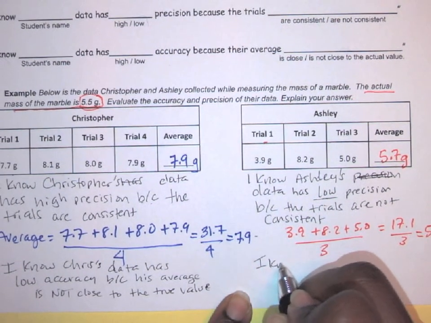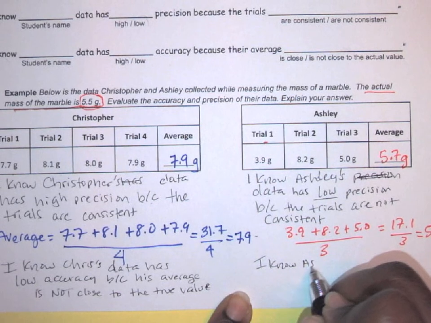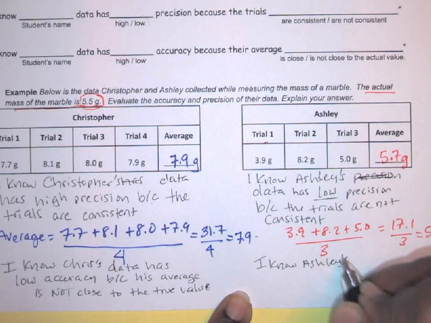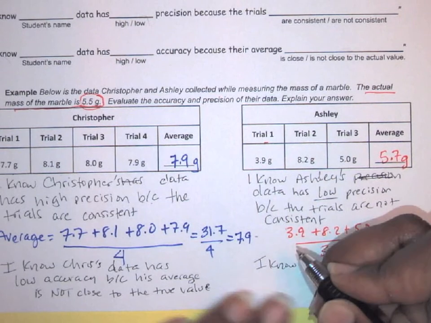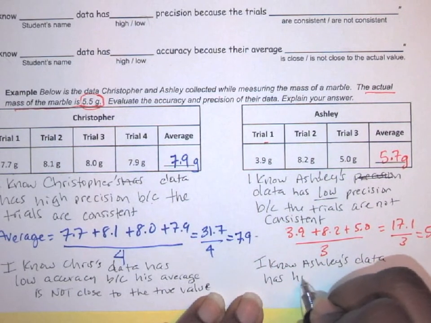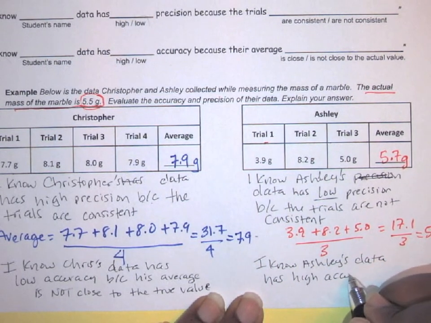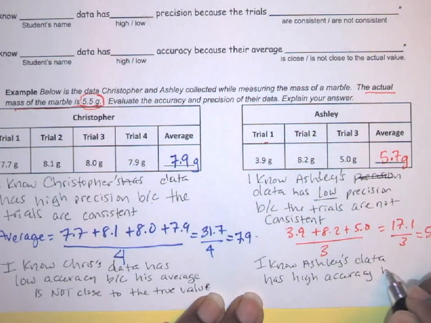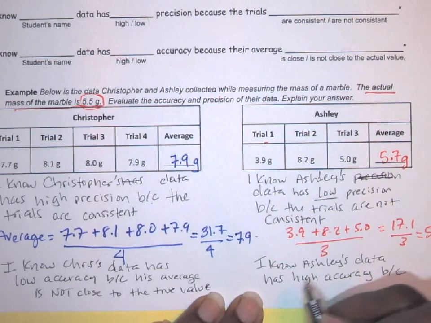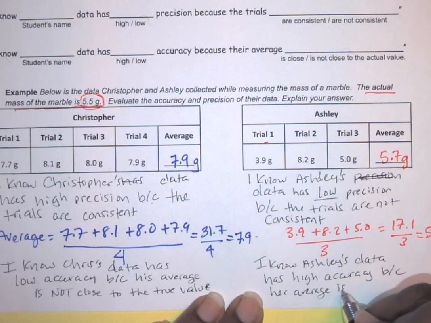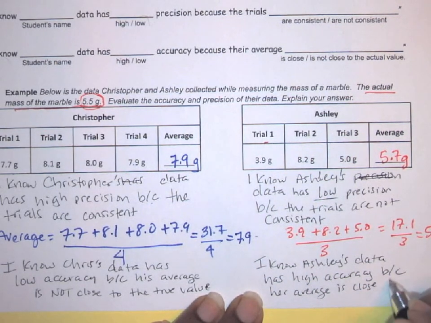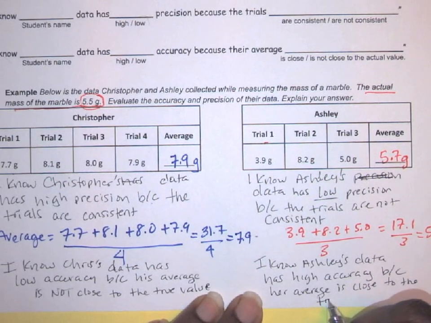So I can say Ashley's data has high accuracy because her average is close to the true value.